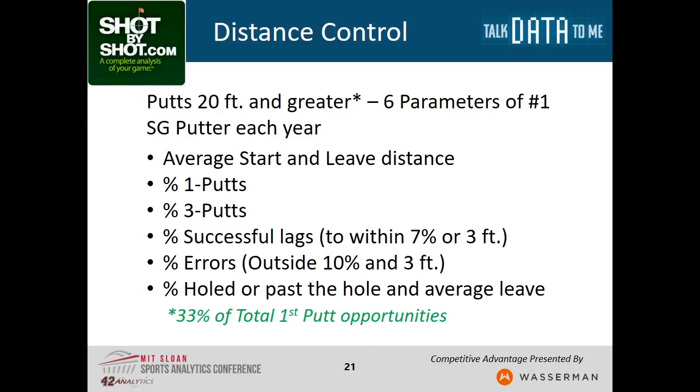So I got a call in early 2016 from an editor at Golf Digest, and he wanted some help with an article he was putting together on Jordan Spieth and why Jordan Spieth was so good. And fortunately, I had already done this analysis on Jordan because he was off the charts that year.